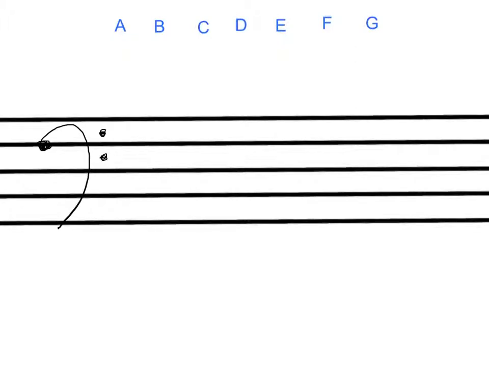Okay, so now we're going to see how well we remember the names of the notes above and below the staff. So I'm going to draw in 3 notes above, and I'm also going to do 3 notes below.